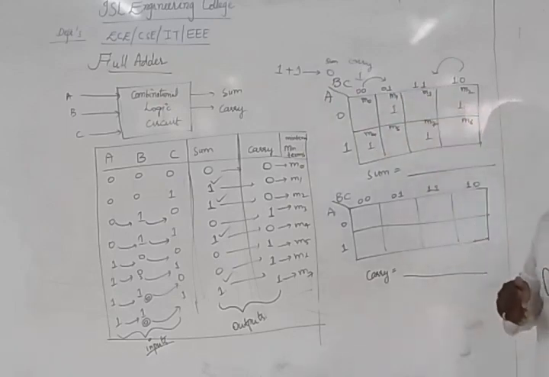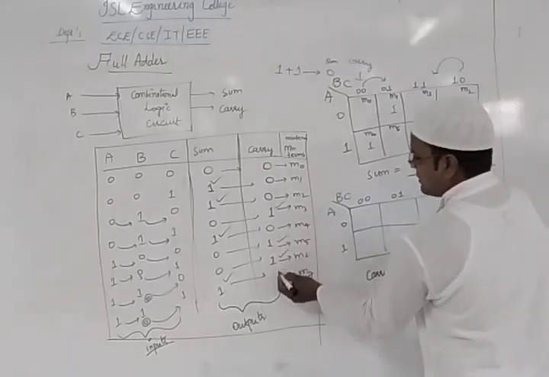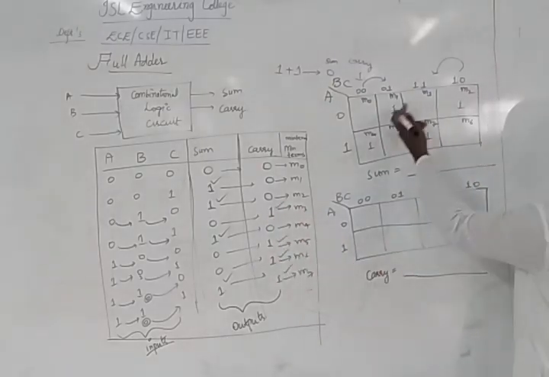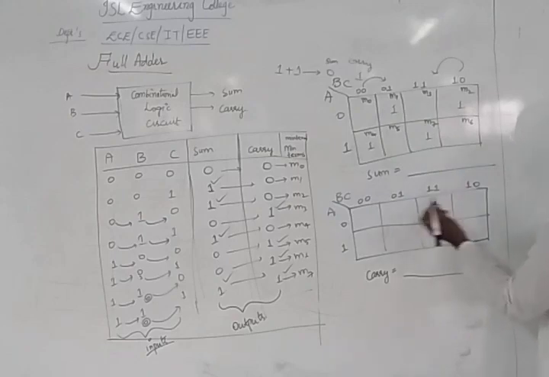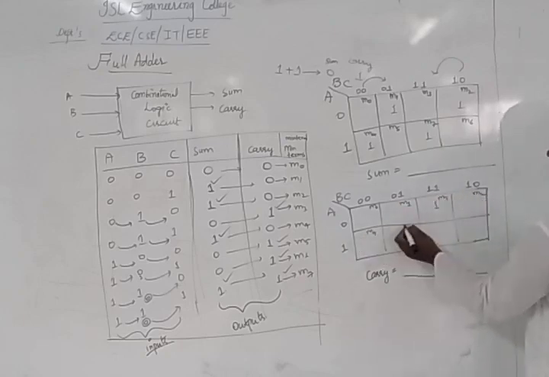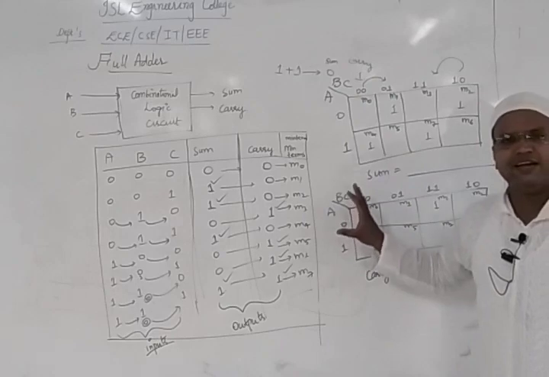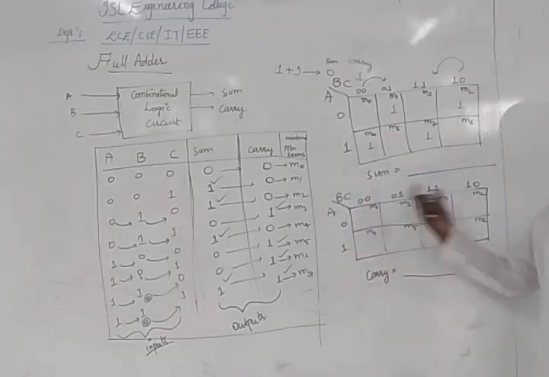Likewise we can write for the carry. When the carry is high, for M3, M5, M6, M7. For M3, where is M3? Here is M3. I can write here. It will be easy for us to just identify M0, M1, M3, M2. Next, M4, M5, M7 and M6. So it has become easy for you to write down the min terms for the boxes.